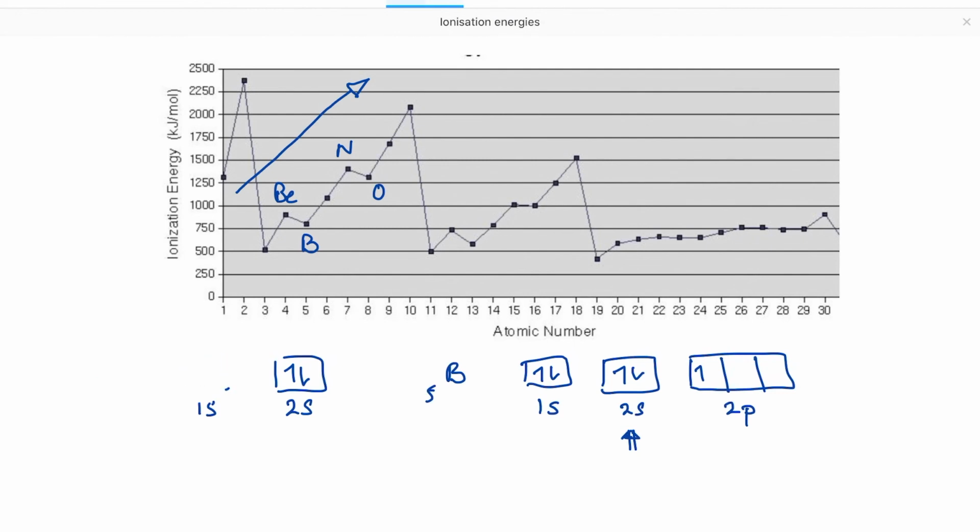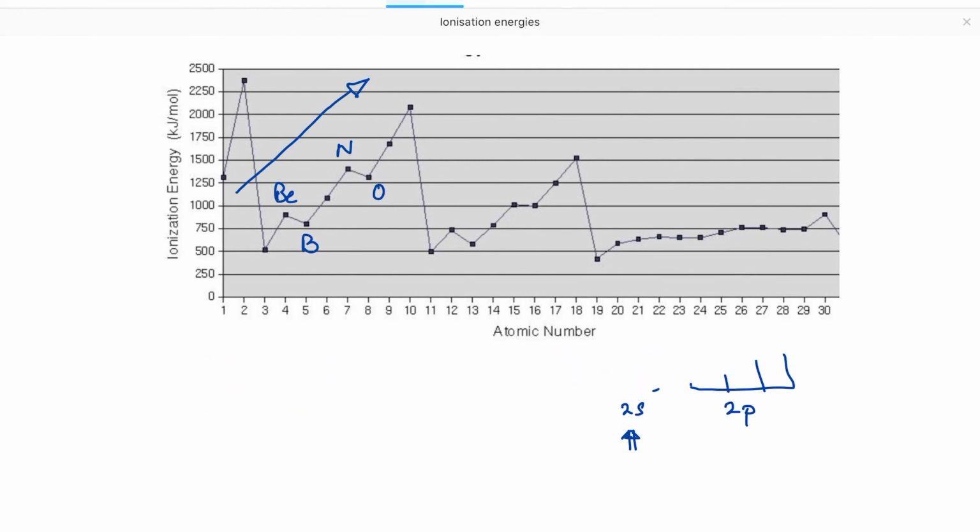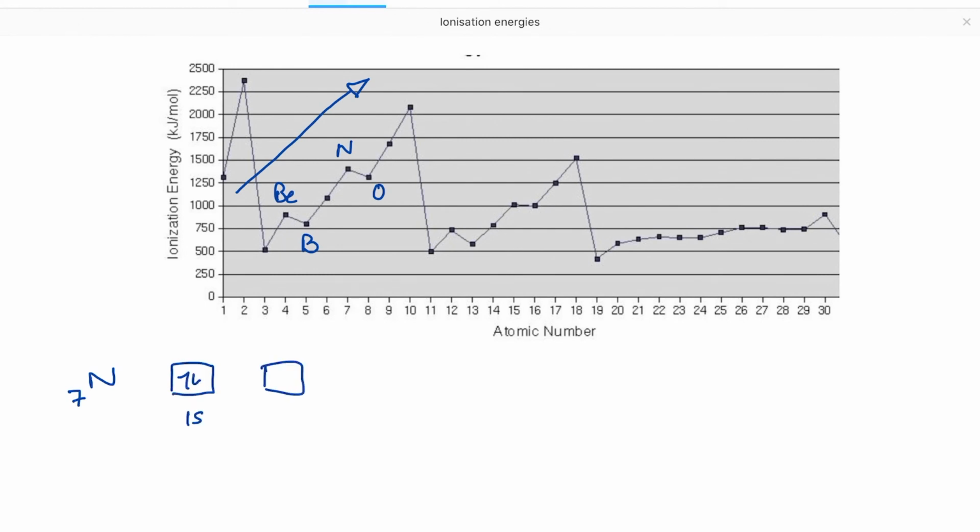Let's do the same for nitrogen and oxygen. So if I look at nitrogen, nitrogen has got 7 electrons, so 1s, 2s, and here are my 2p orbitals. So 1, 2, 3, 4, 5, 6, 7. If you remember the rules, each of these electrons gets its own suborbital. That makes the lower energy more stable, minimises repulsion between them rather than having to spin pair. But oxygen does not have that luxury.